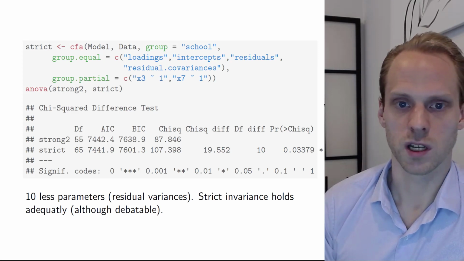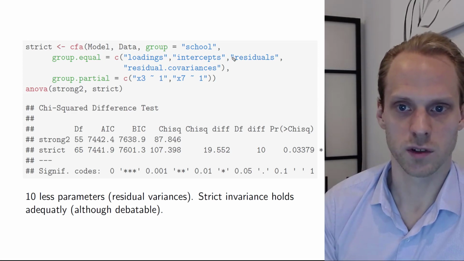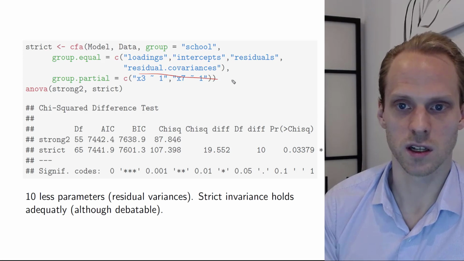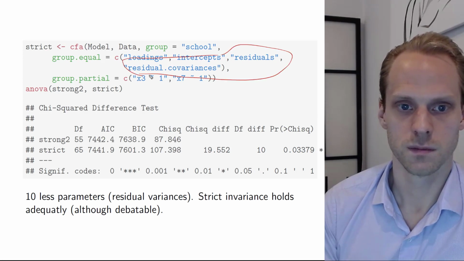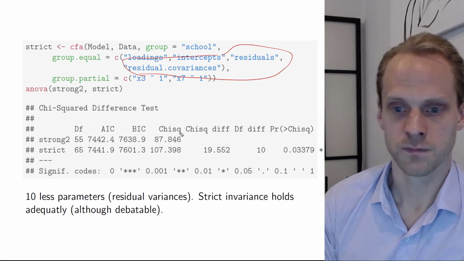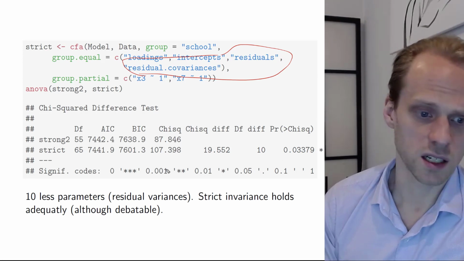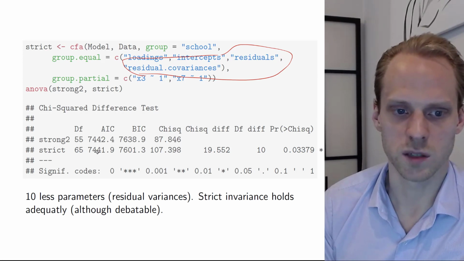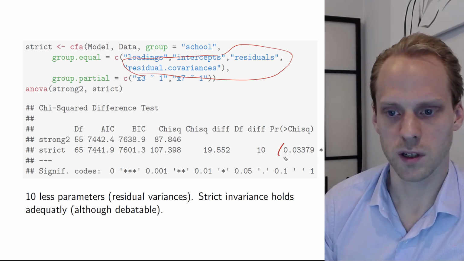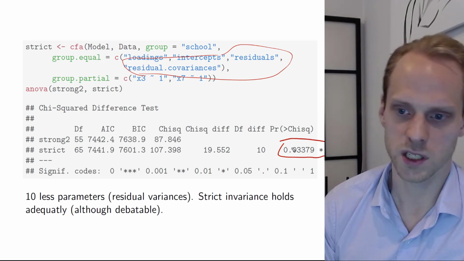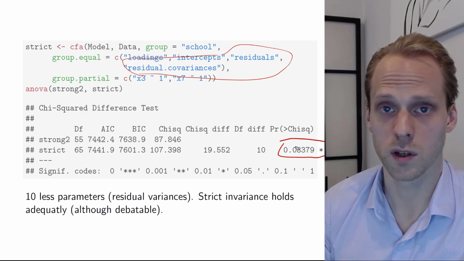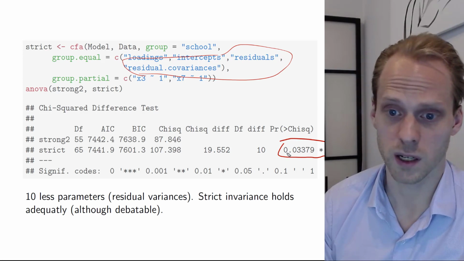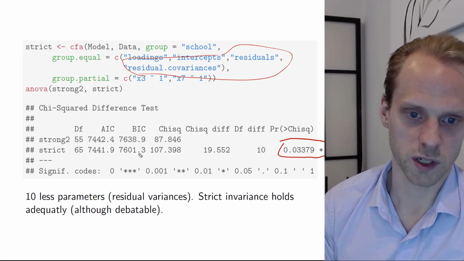Okay, so then we can do that in lavaan as well. We add residuals and the residual covariances here in the group partial. And there are some other ways to do this as well. In this case, it's questionable. The p-value here is 0.03379. So yes, it's below 0.05. If we establish that as alpha, this would be a rejection of the hypothesis.